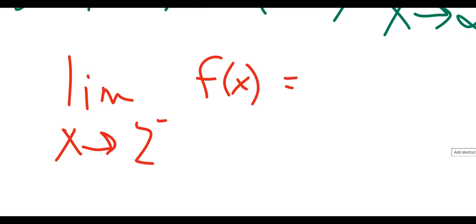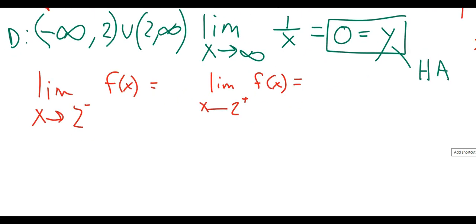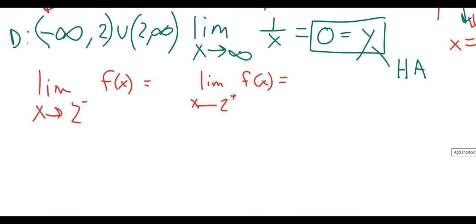And we'll need to fill that in, and then we'll need to do the from the right version, limit as x approaches 2 from the right of f of x. Some of you are getting much better at writing your limits because you did a good job on the test when you wrote your end behavior limits. So I was happy about that.